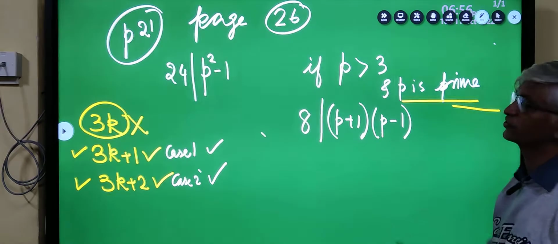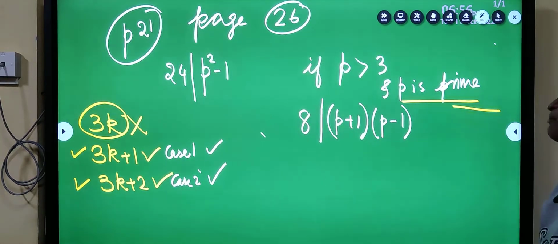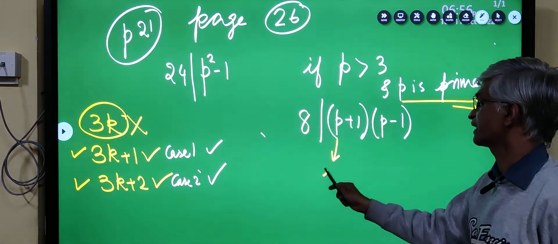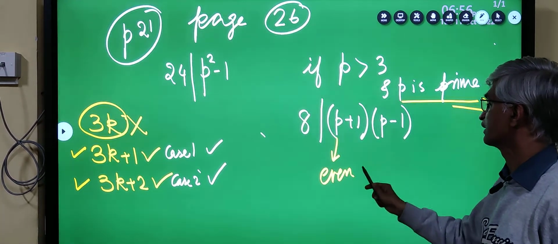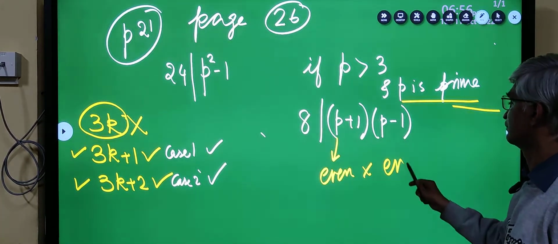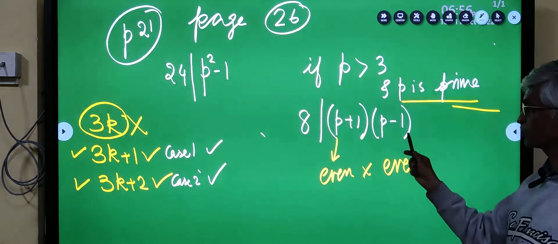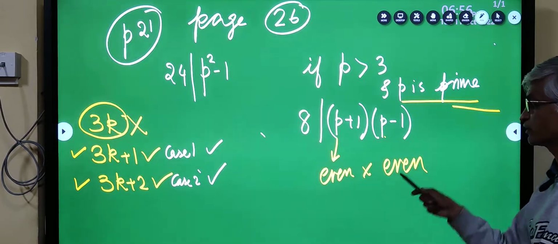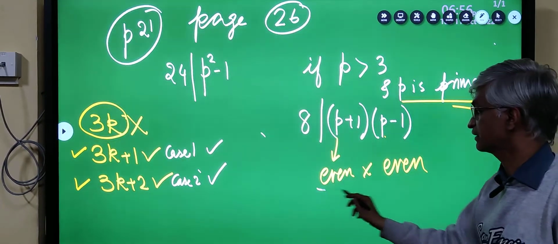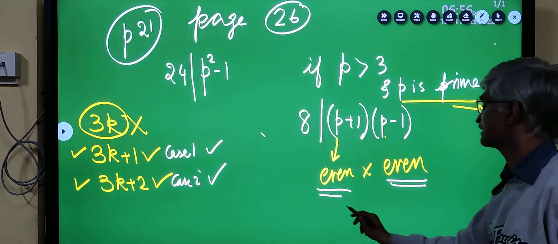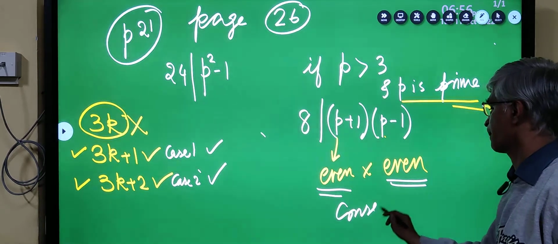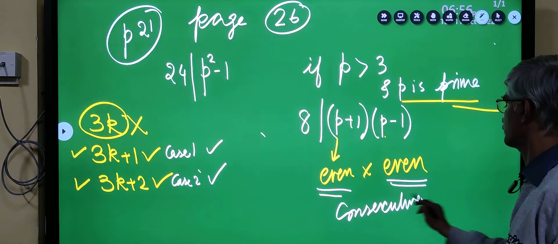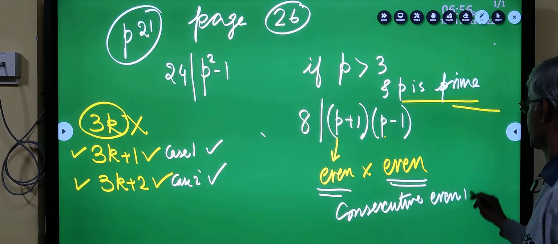If p is greater than 3 and prime, p must be odd, which means that this is even into even. So p minus 1 is going to be even because p is odd, and p plus 1 is also going to be even. But notice further that these are two consecutive even numbers.